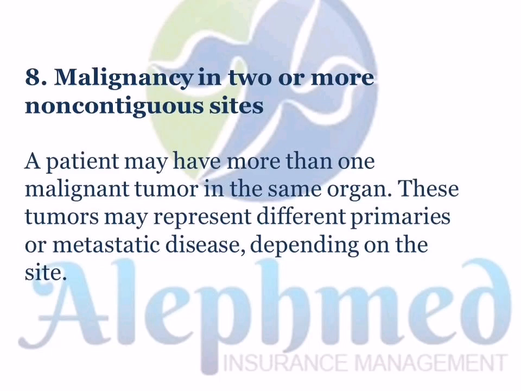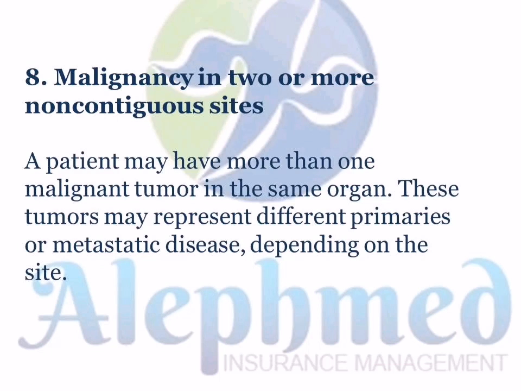That is, if in the uterus, like in the lower end, the patient is having this particular cancer, and it has developed and already metastasized to a different part in the same organ itself.